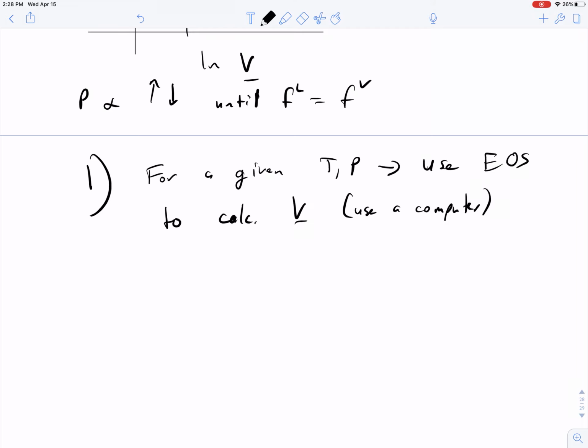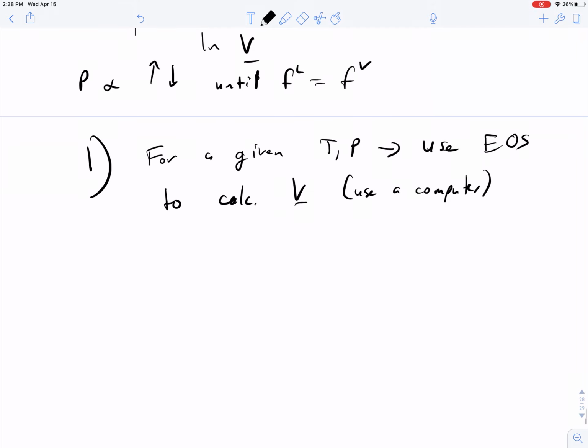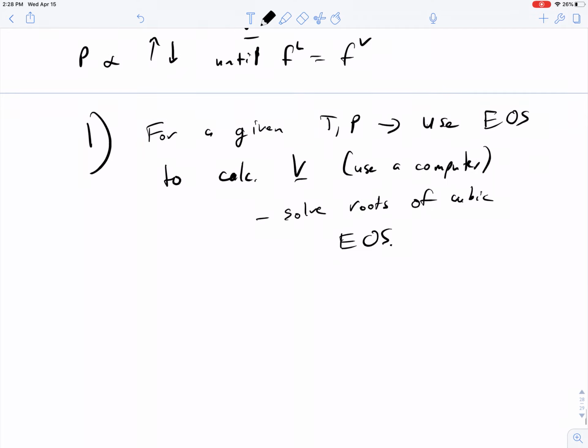You have to use one of the nonlinear solvers in the computer to solve for the roots of the cubic equation of state. In the code that you're going to go through on the Collaboratory, the functions are already there that take care of that.